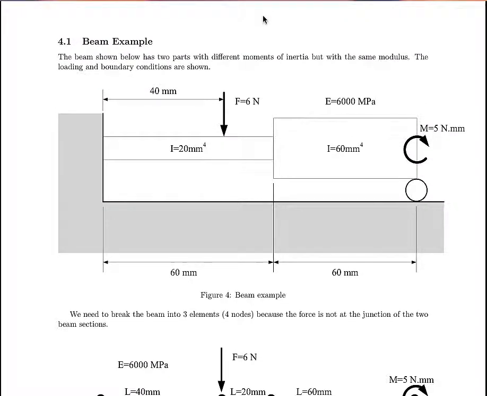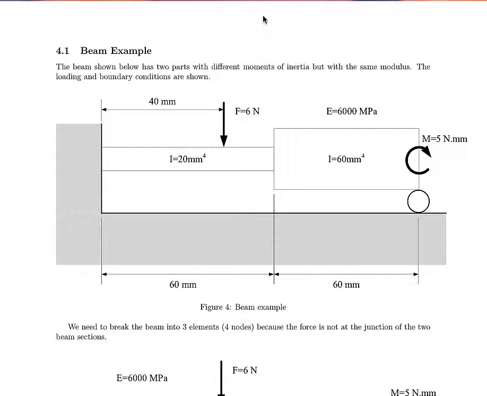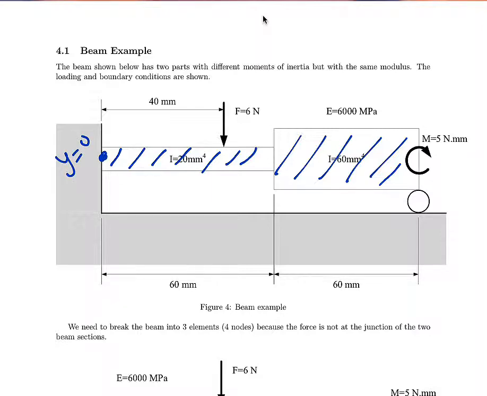So if we now proceed exactly like before, we will take an example and maybe stop after this example, because in the next segment we will go into the details of the code itself. So let's have a beam example. I have a shaft, and shaft 1 has a second moment of area of 20, and shaft 2 has a second moment of area of 60. And at one end of the shaft, y is equal to 0 on the left side.